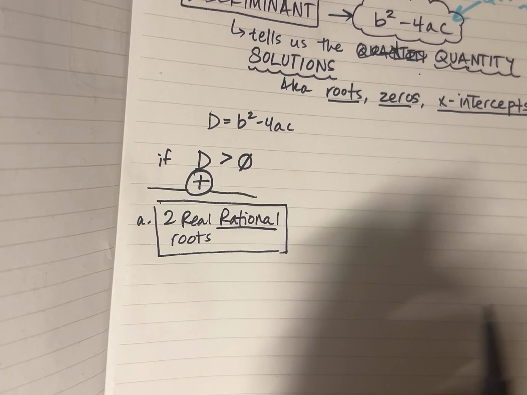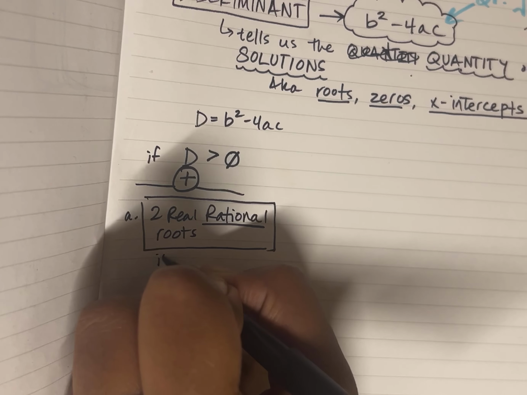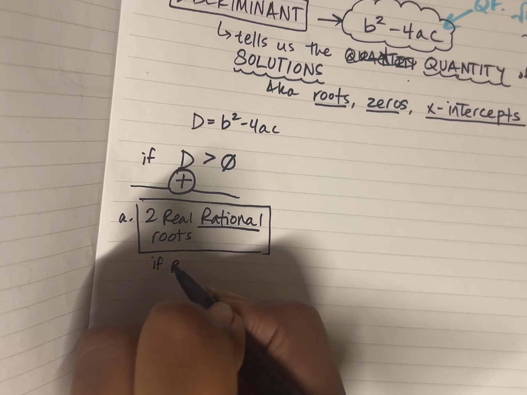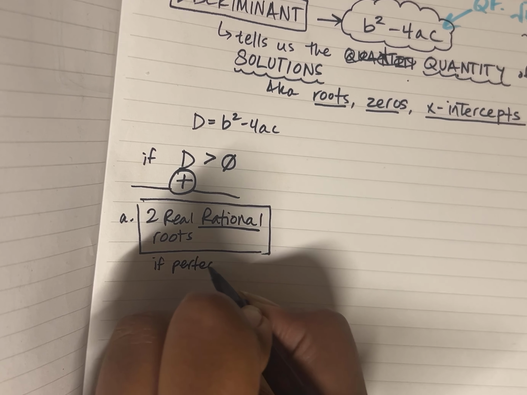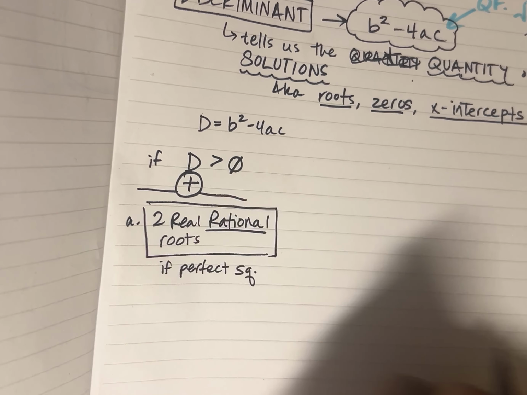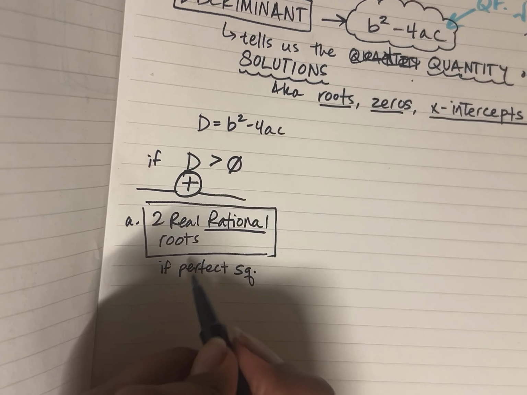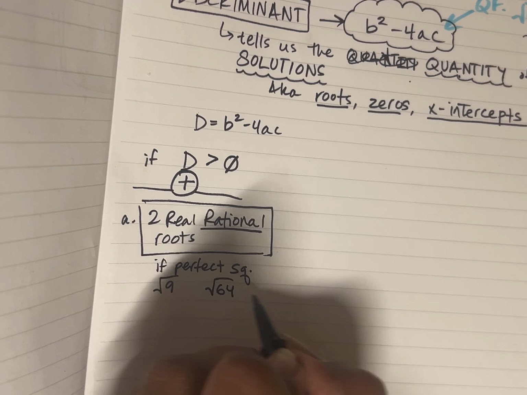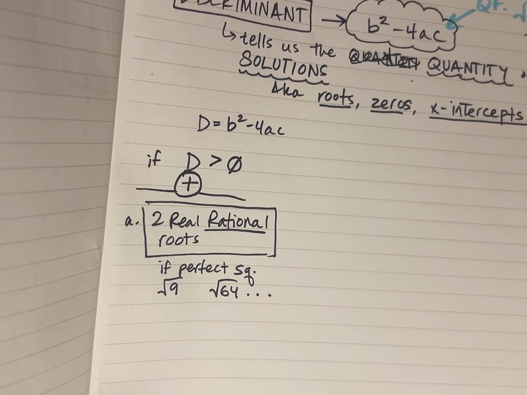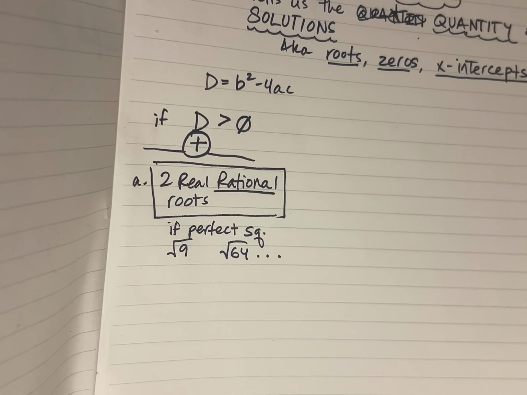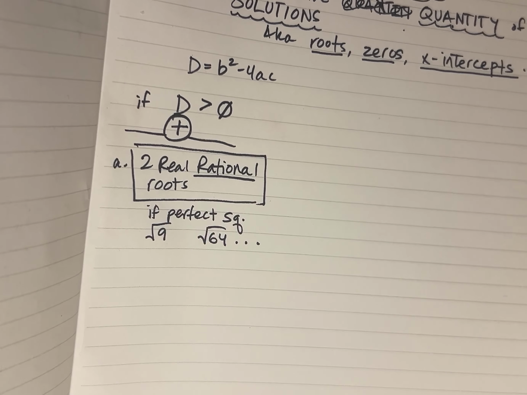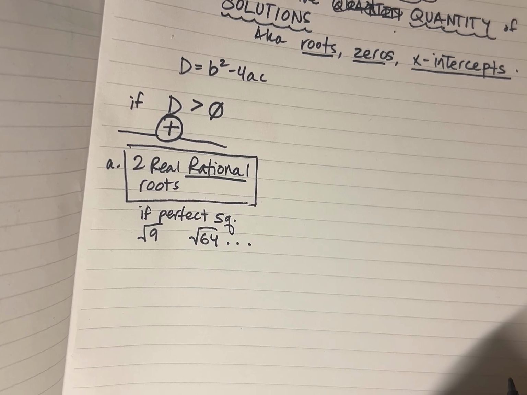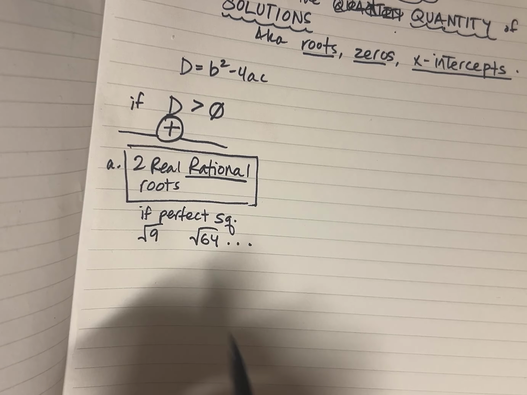That's one option, if the number that we get is a perfect square. So think of an example like the square root of 9, the square root of 64, aka all of these things that we can take the square root of and get no decimal from if we plug it into our calculator. Again, this is a no decimal rational, which is what we just talked about.